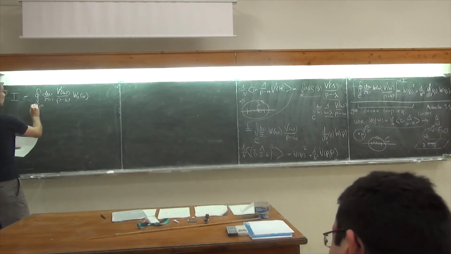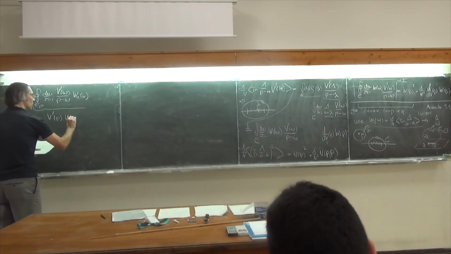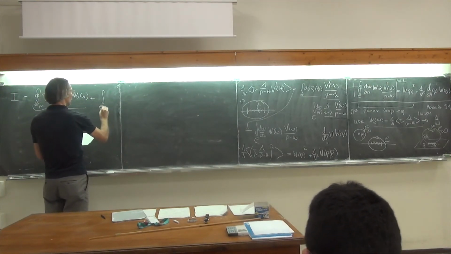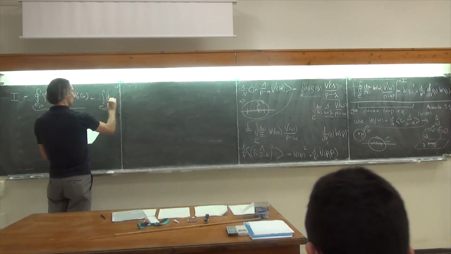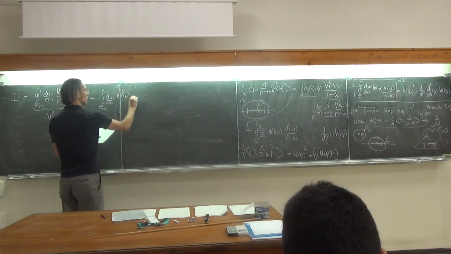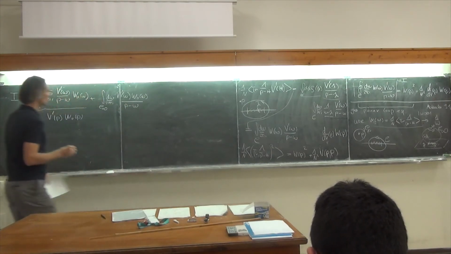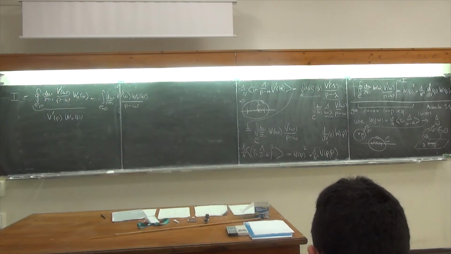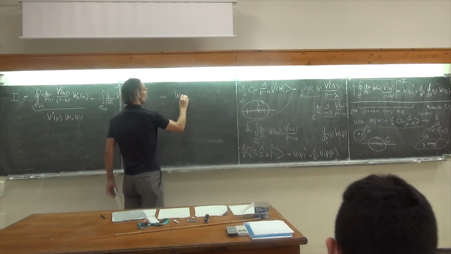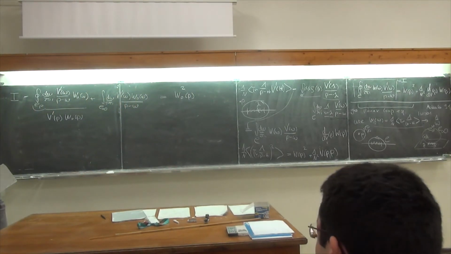Of course, this will give just V prime of P times W0 of P, and then we have the contribution at infinity, C infinity. Okay, and this is equal to a square. So see, it's a quadratic equation.